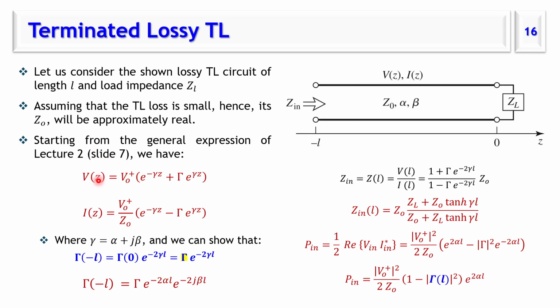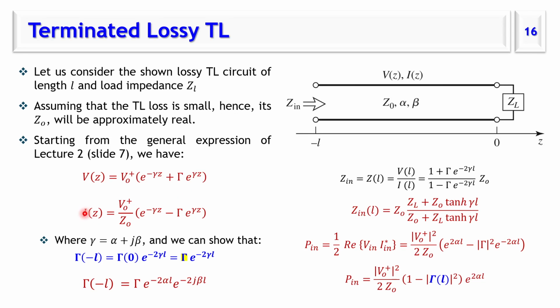So V(z), the voltage at any position along the z axis, equals V naught plus e to the minus gamma z, which is the forward propagating wave, plus V naught minus e to the gamma z, which is the backward propagating wave.